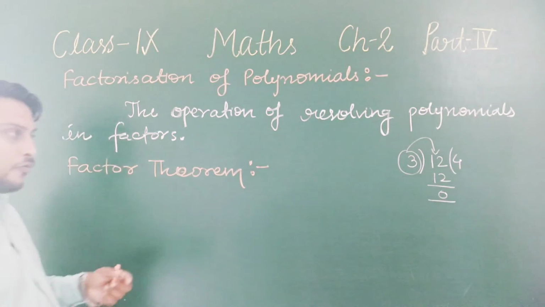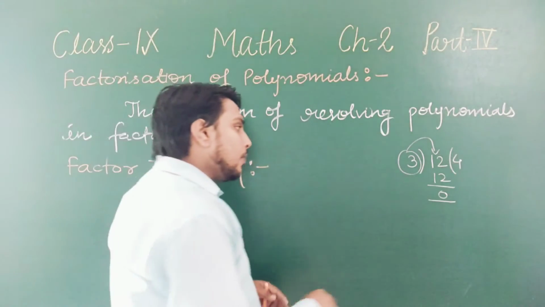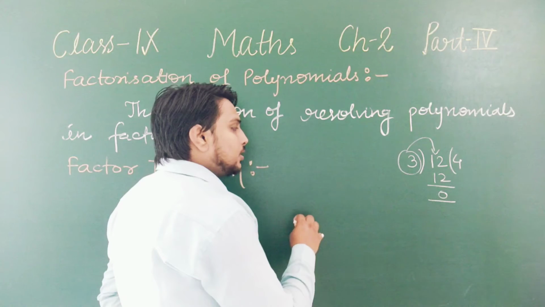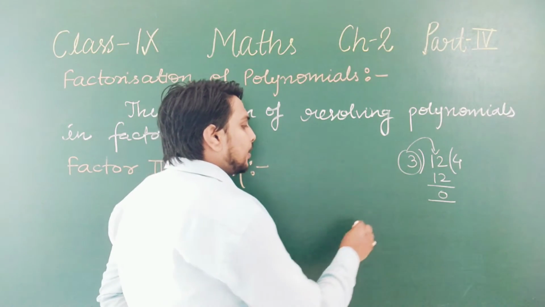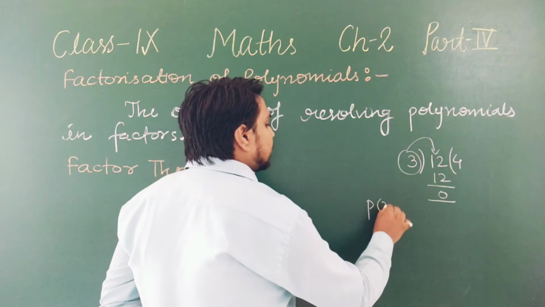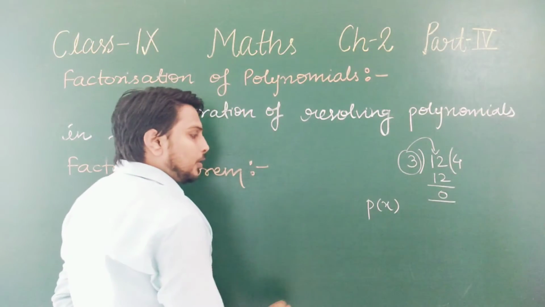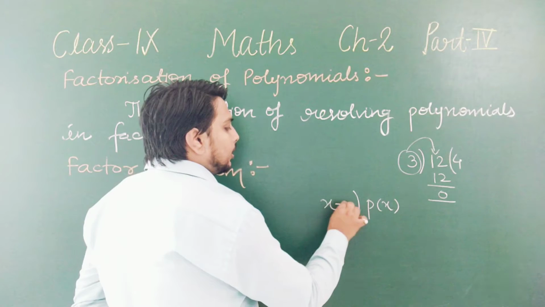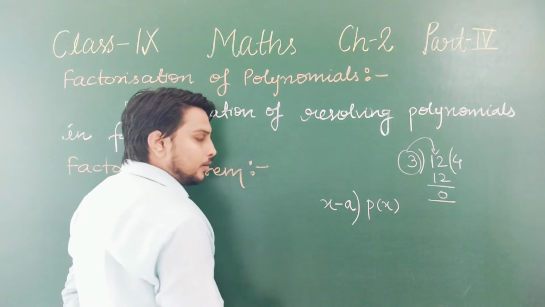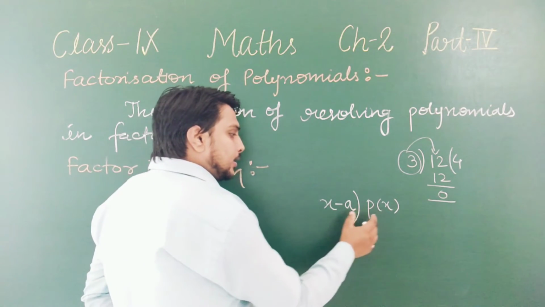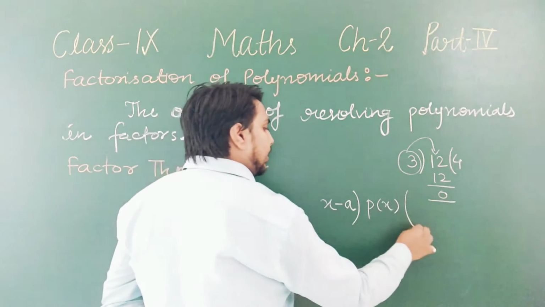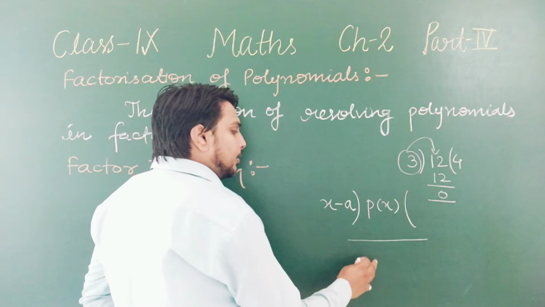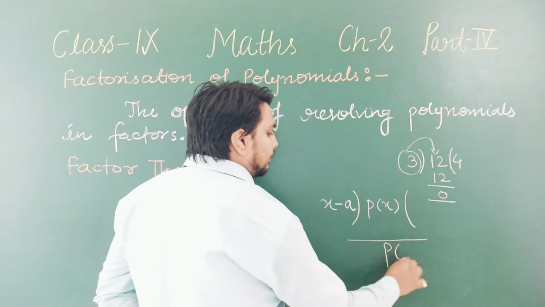So when we talk about polynomials, in the last class we studied in the remainder theorem that if the polynomial is p(x), and it is divided by another polynomial, x minus a, then the remainder will be p(a).